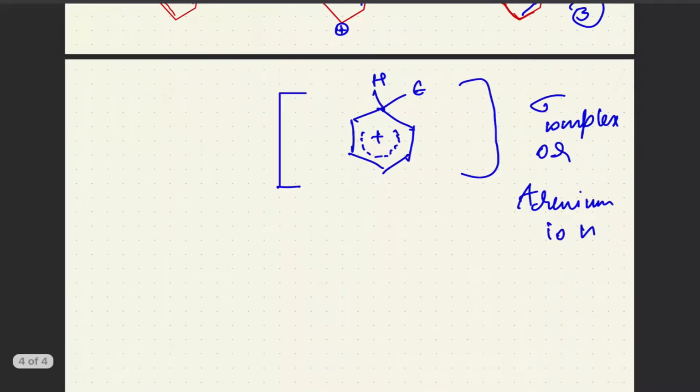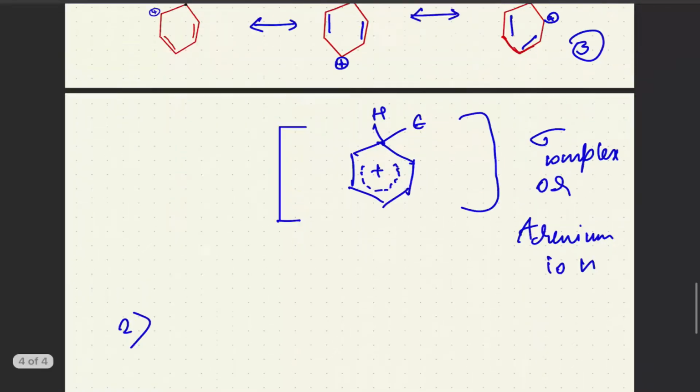Now in step 2, we have the sigma complex. This is step 1.